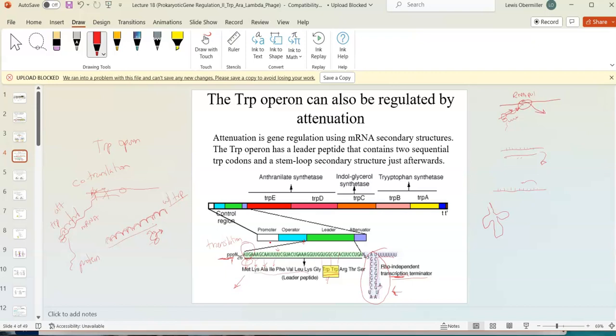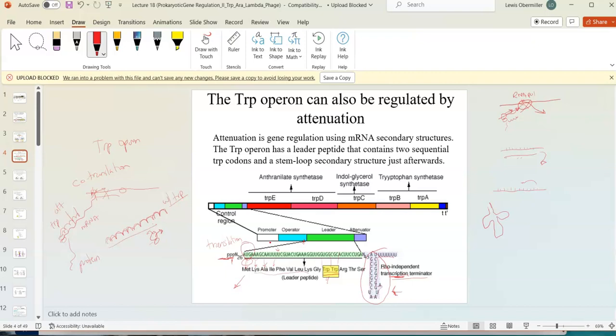So that polymerase gets knocked off and no more transcription can occur. So if there's tryptophan present, the ribosome just smoothly goes through those double tryptophan codons and changes the shape of the stem loop and the rho independent terminator and ends transcription.